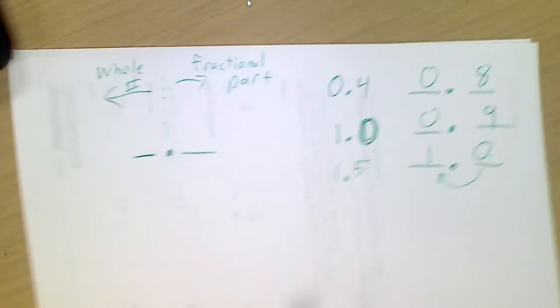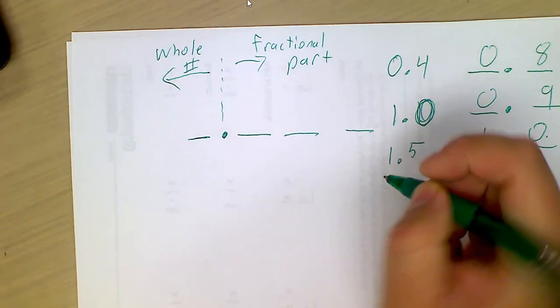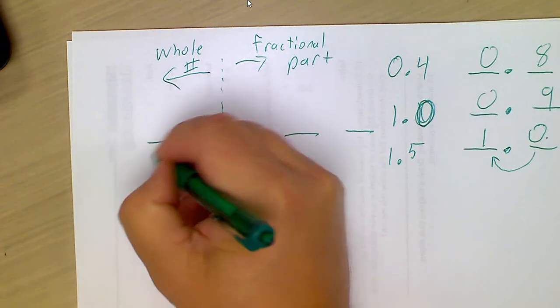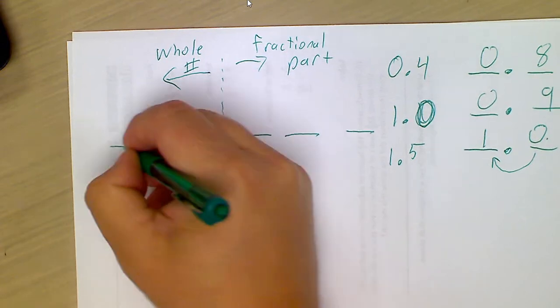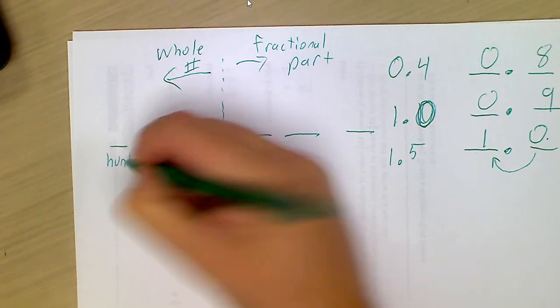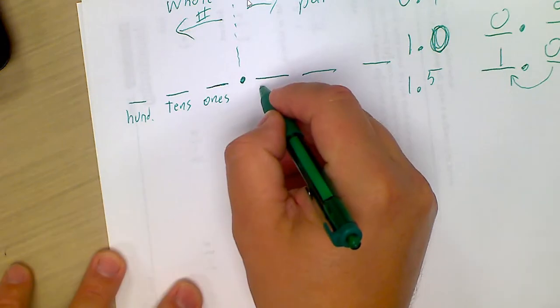Now, some things that you need to know: place values. This is the ones place, and the next one is tens. What's next? Hundreds. But on the right of the decimal, it goes like this. What's the first place to the right of the decimal?